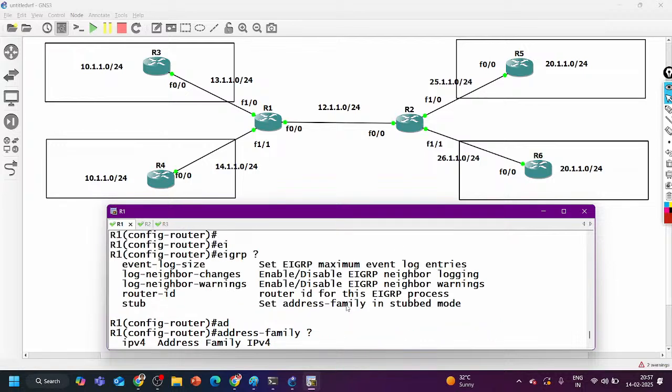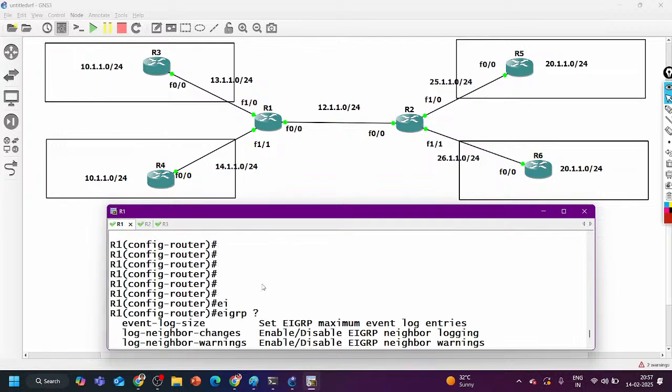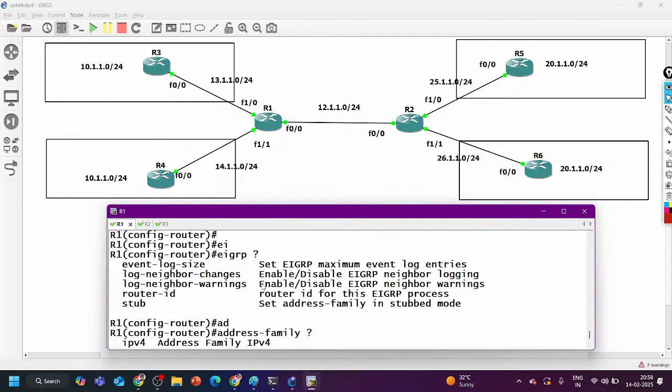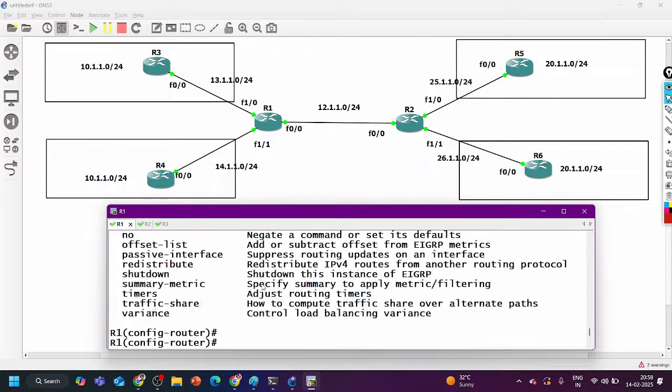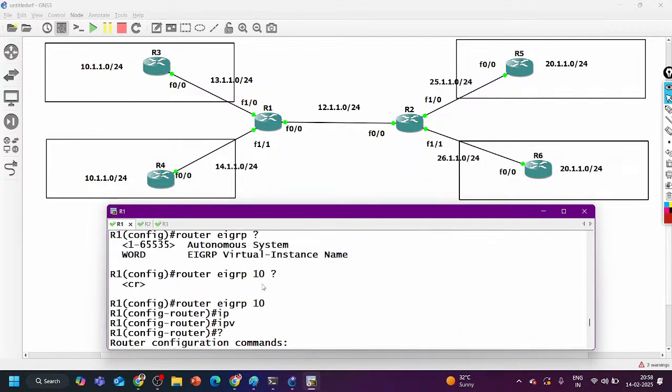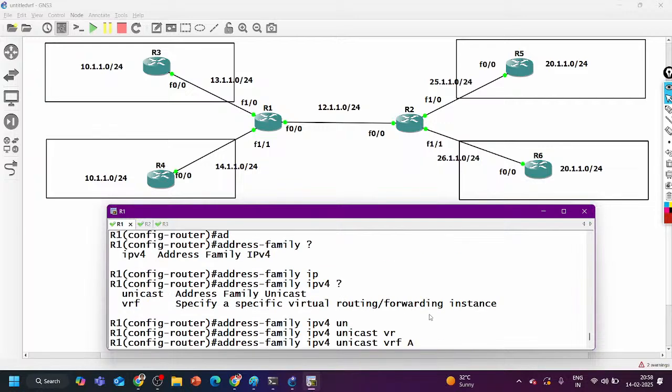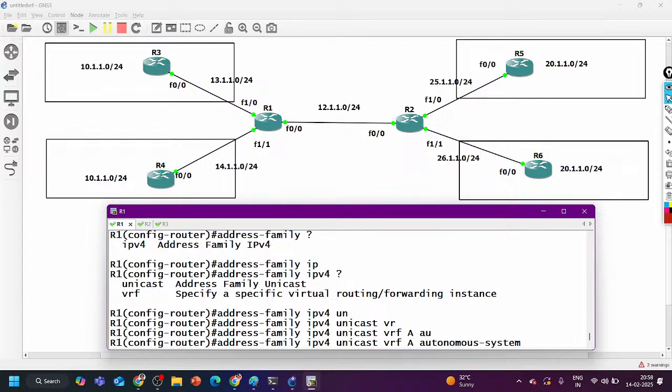One more thing, guys: you know the EIGRP neighborship parameter is the autonomous system number, and it must be the same. Here I have defined autonomous system number 10, and this doesn't matter; I could say 100 also. But for the VRF we use an autonomous system number which should be the same, so only 10.